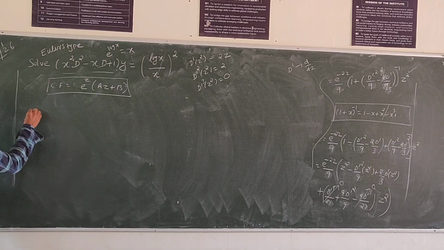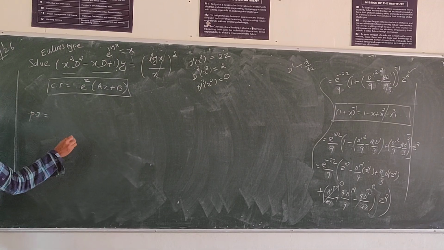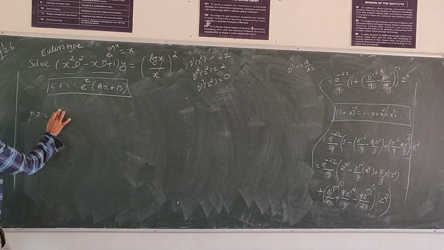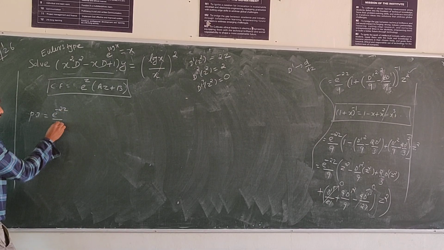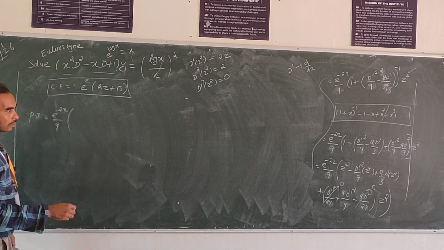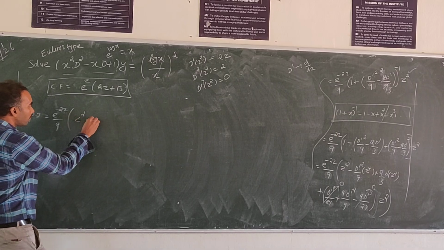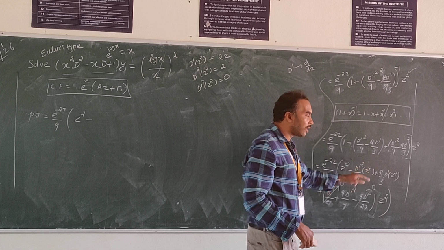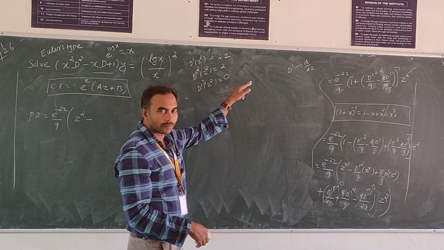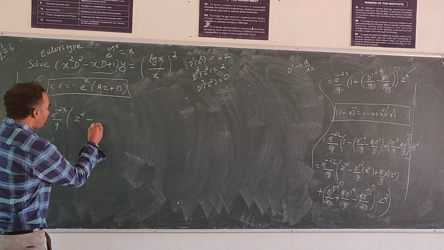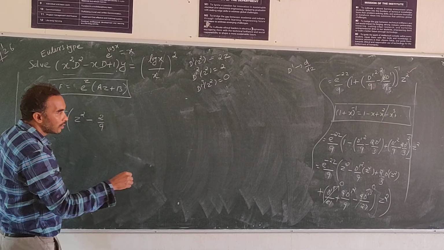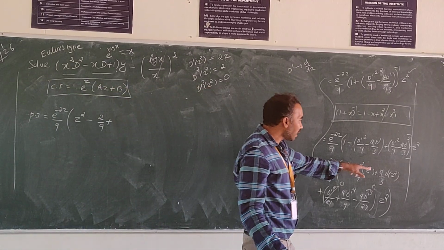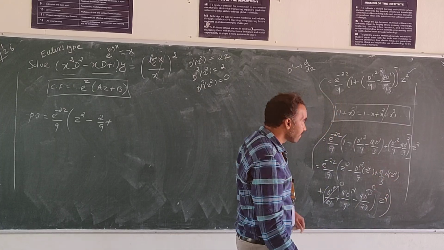So the particular integral equals e power minus 2z divided by 9 into, z square minus, listen carefully, D' squared z square. What is D' squared z square? 2. So 2 by 9. Next, plus what is D' z square?